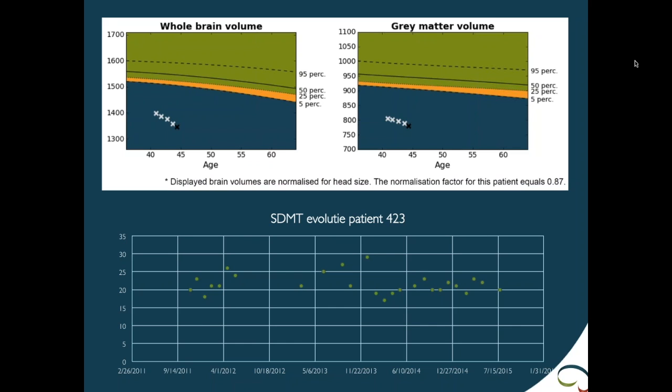In this patient, we are not seeing a decrease in SDMT function in recent times, but as you can see, the SDMT values are a lot lower than for the previous patient, indicating a greater damage to the cognitive functioning of this patient.